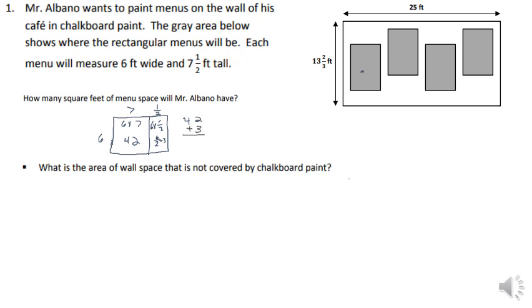So when we add 42 plus 3, we get 45, and that would be feet squared. So that's how much menu space you will have.